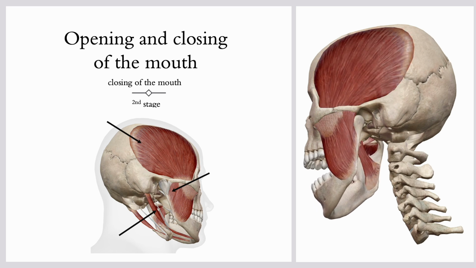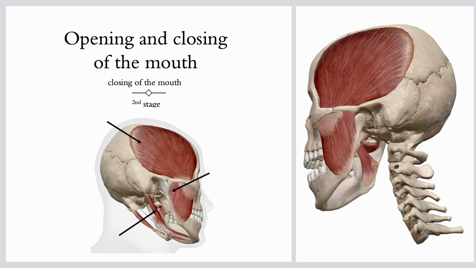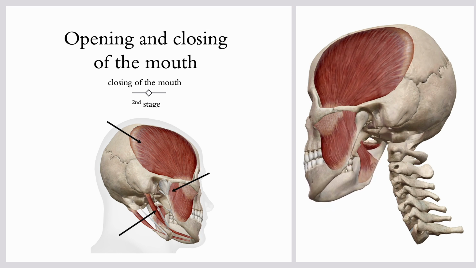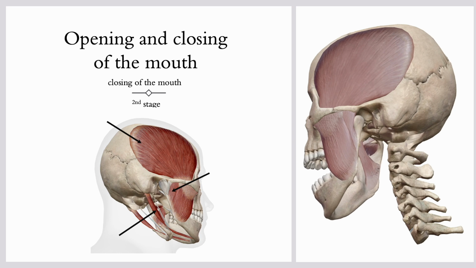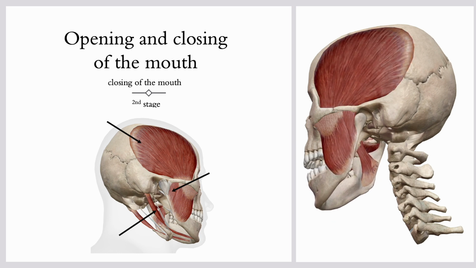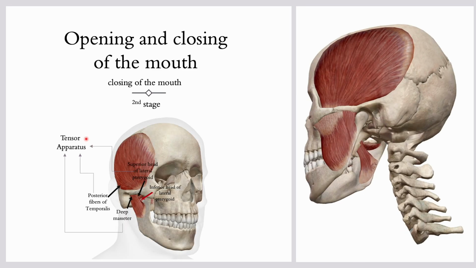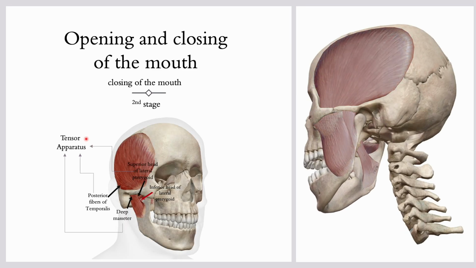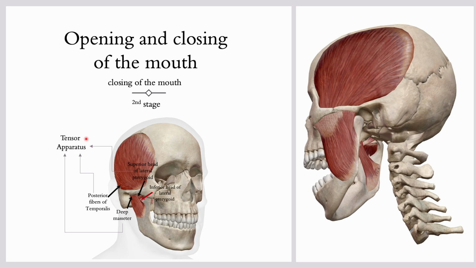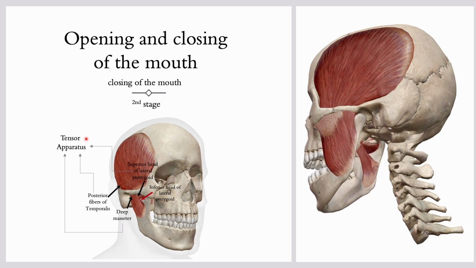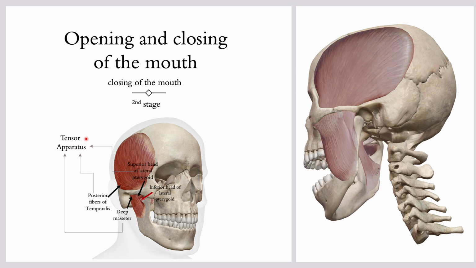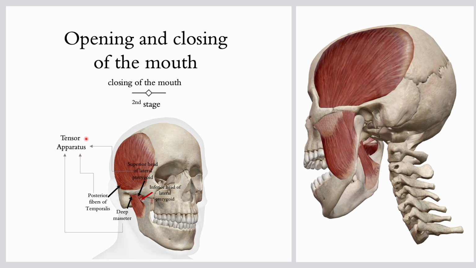However, if closure is forced beyond the natural limits, there will be isometric contractions of muscles such as the temporalis, masseter, and the medial pterygoid, providing increased resistance and stability. As the closure movement comes to its end phase, the tensor apparatus that we discussed in the first video steps in to ensure the condylar head is properly seated within the glenoid fossa.